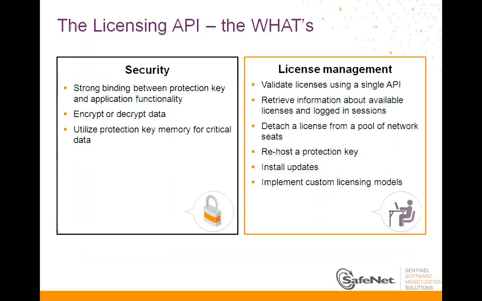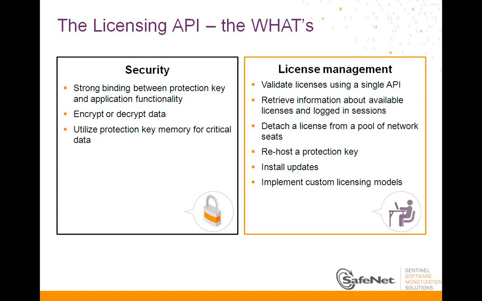Okay, now let's take a deep dive. The licensing API helps to enhance the overall security by introducing calls to a central protection key throughout the application source code, basically binding the application's functionality to the protection key.